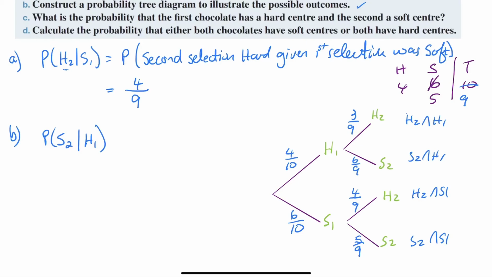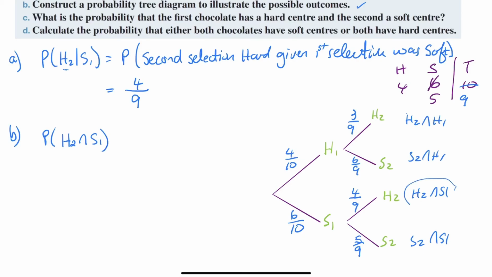What's the probability of, and I don't have to say given either. That's maybe why it doesn't make sense. It's the same thing, sorry people. I can just say the probability that the first chocolate has a hard center and the second soft, so S2 and H1.